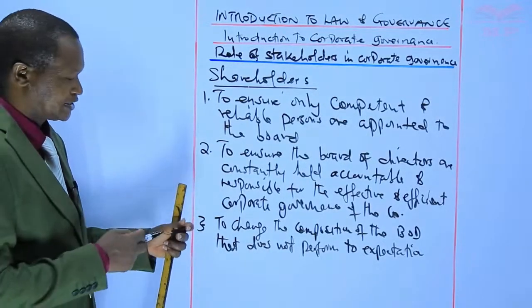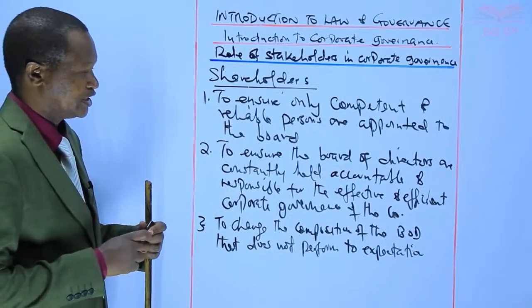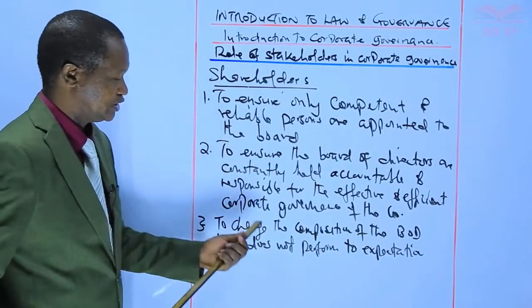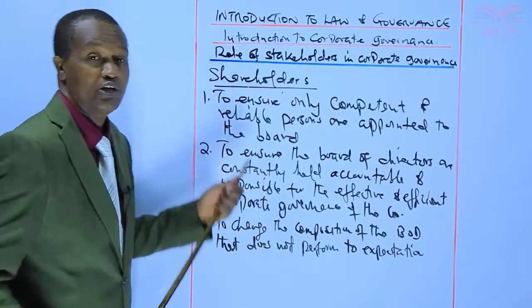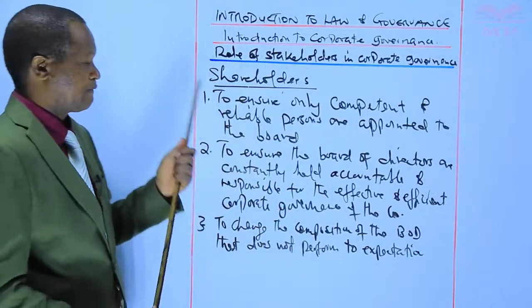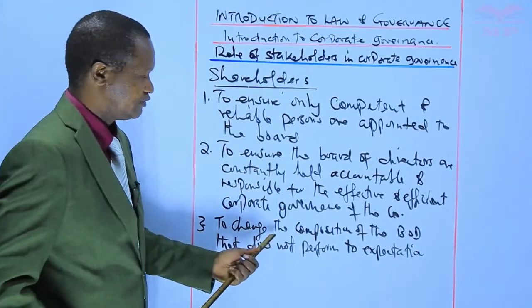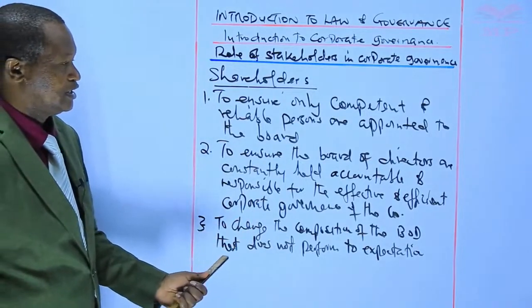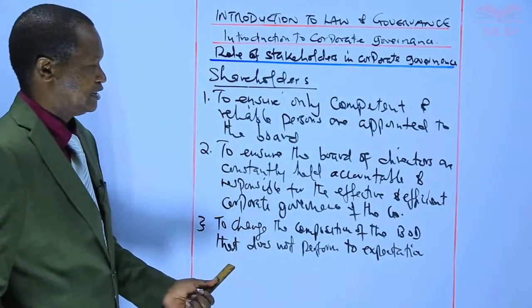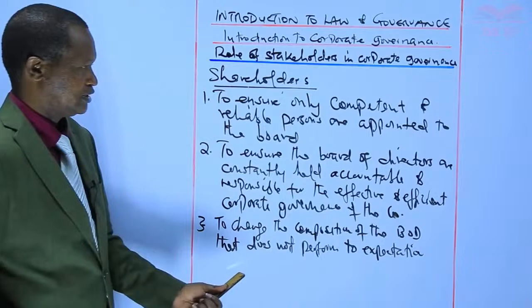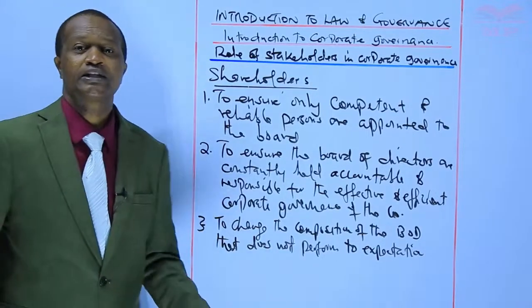Where directors are not discharging their functions as they ought to, the shareholders have the duty to ensure that they are removed from the board, so that more competent and reliable directors are appointed.